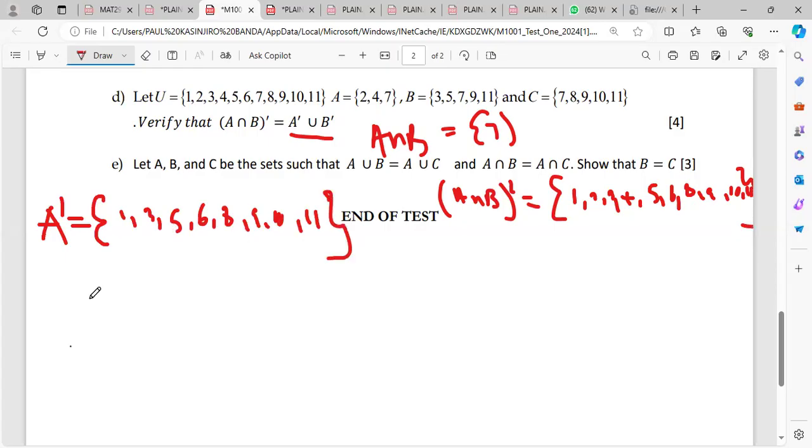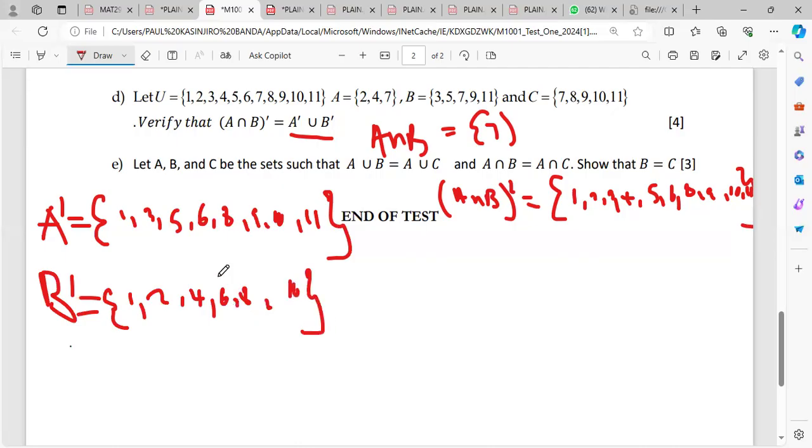Okay, so this will be our A complement, and then our B complement will be all the elements that are not in B but are in the universal set. So 1, 2, 3 is in B, so it's not there. So 4, 5 is in B. So we go to 6, 7 is in B. We go to 8, 9 is in B. We go to 10, 11 is in B. Okay, so this is what we have.